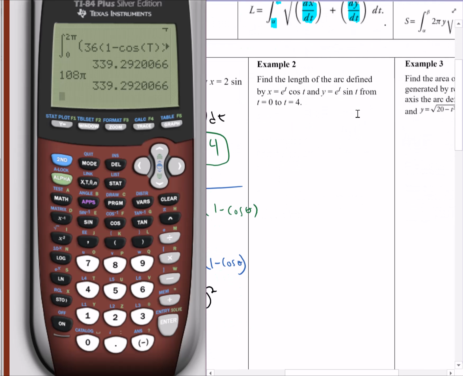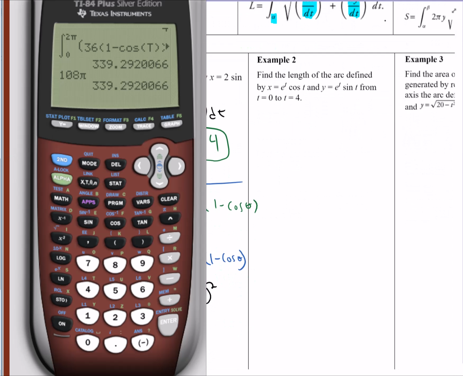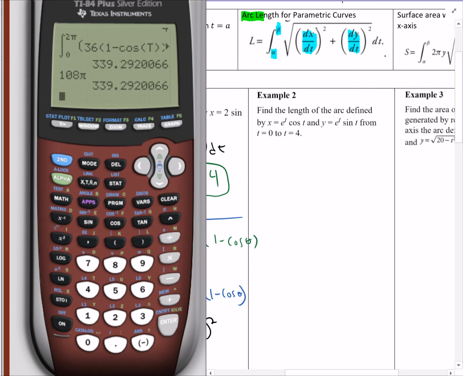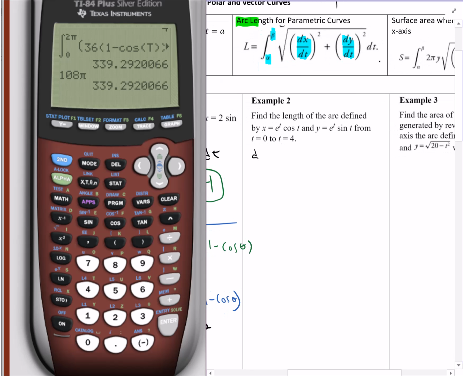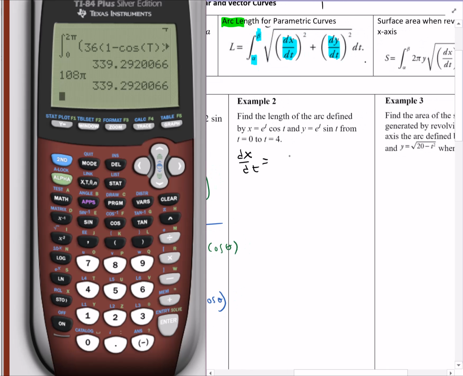So let's check out an example. Since we need the derivative of x with respect to t and the derivative of y with respect to t, let's go ahead and find those right off the bat. Right, dx/dt is the derivative of this, which is going to require product rule.